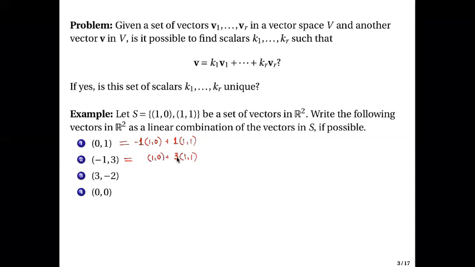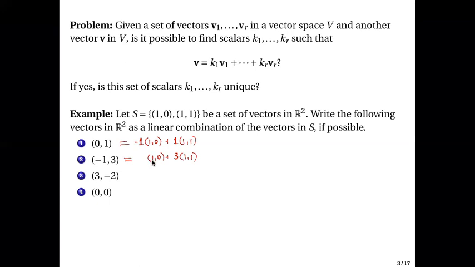Since we now have this 3 multiplied to this 1, which gives us 3, and we want -1 in the first component here, we can now think of some scalar that we need to multiply to this vector to obtain this -1. Since we already have 3 in here, we need a -4. So that if we have -4 plus 3, we will get that -1. Okay, so we need a contribution of -4 to the first component.